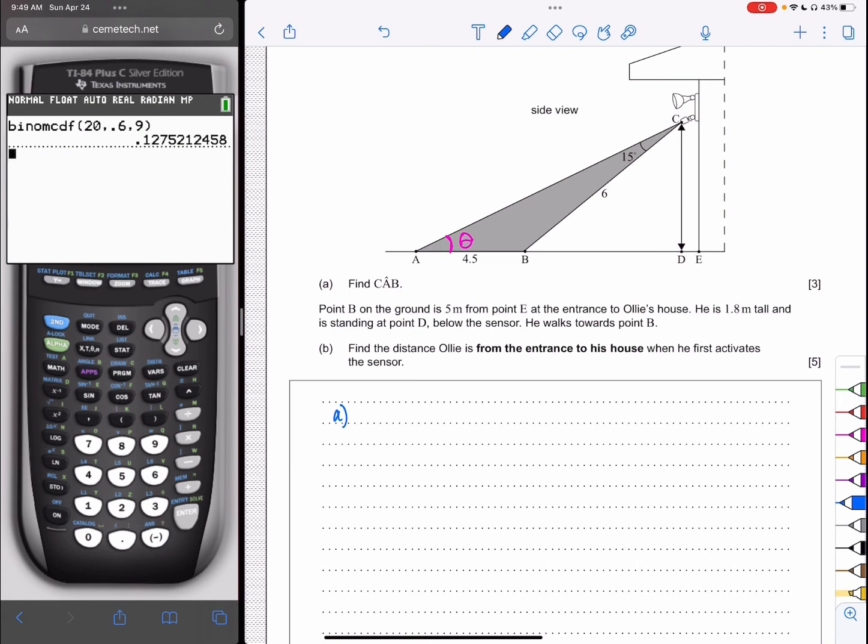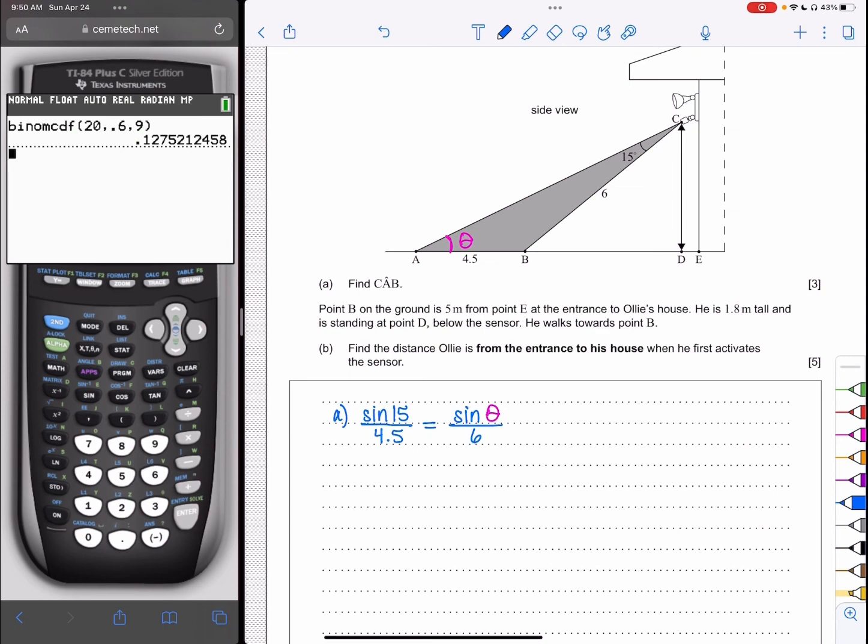So I'm going to have sine of 15 divided by 4.5 equal to the sine of angle CAB, which is basically the sine of theta, divided by 6.